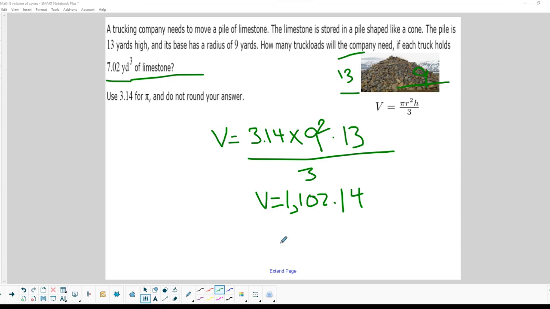That equals 157 truckloads. Now you might want to think about that for a minute. Sometimes truck drivers charge by the load, and if that price is a little bit up there, this could cost you a lot of money to move this pile of limestone.